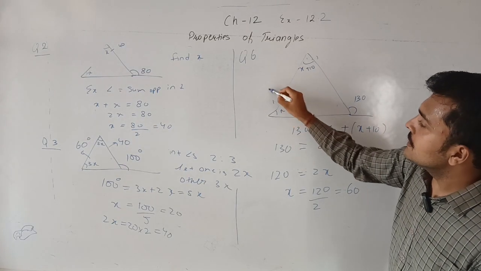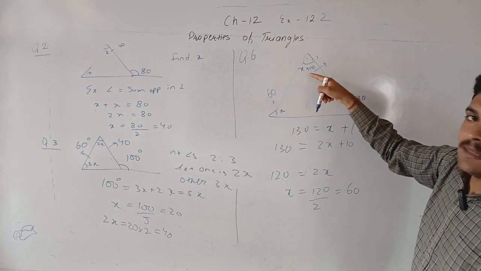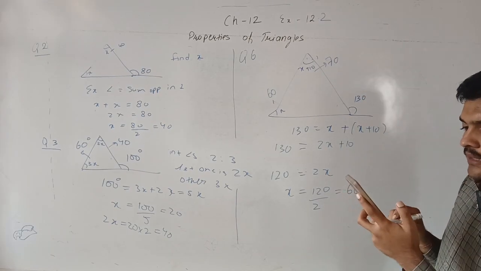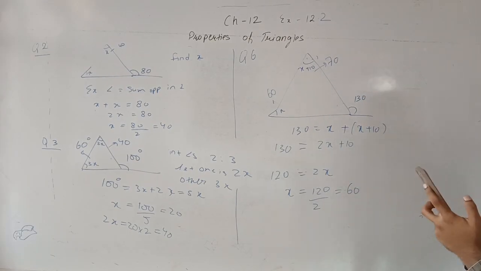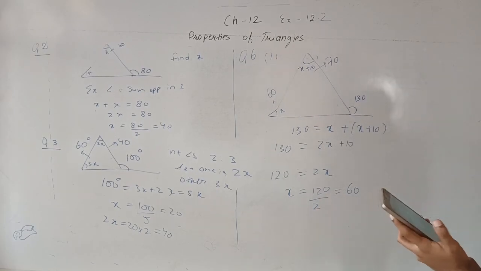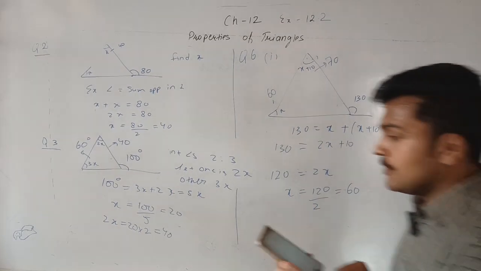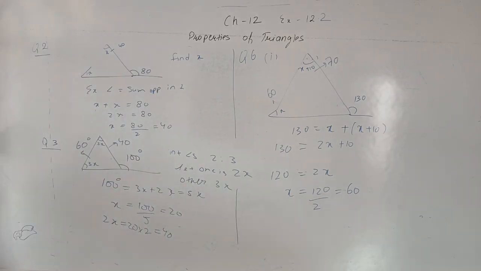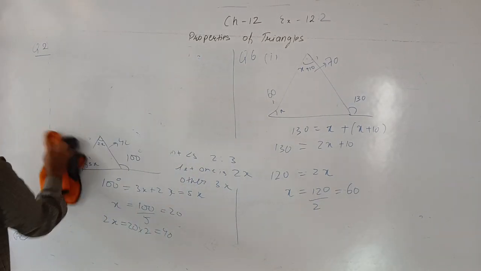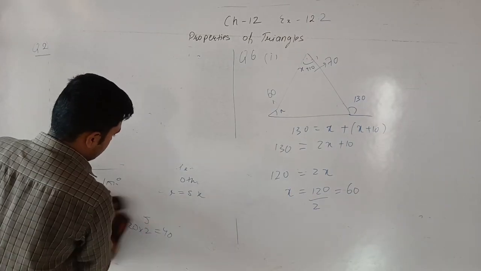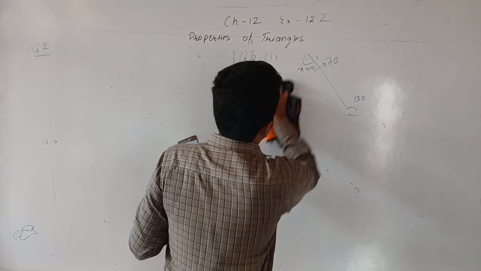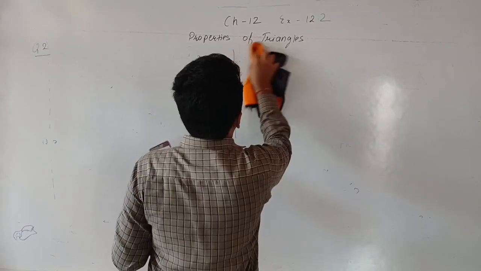One angle is 60. Another angle is x plus 10, so 60 plus 10 is 70. So it is 70 degrees. This is the first part of question number 6, and we are using the theorem that exterior angle is equal to the sum of opposite interior angles.